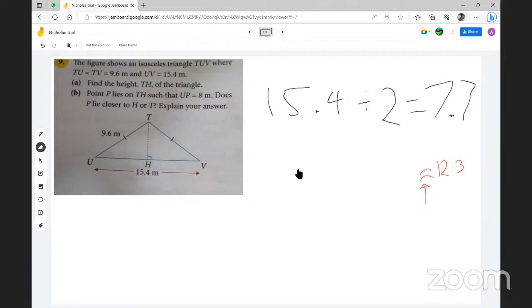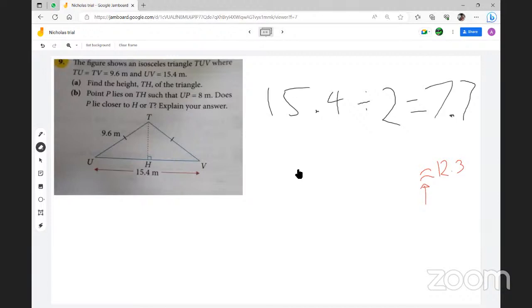Okay, try again. The formula for the shortest one is the... it's 9.6, wait, no, 12.3 minus 9.6 equals... Wait.